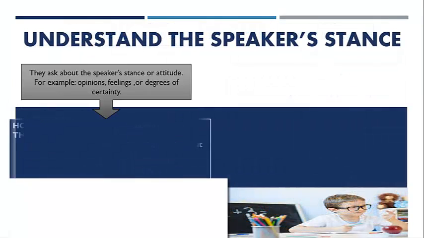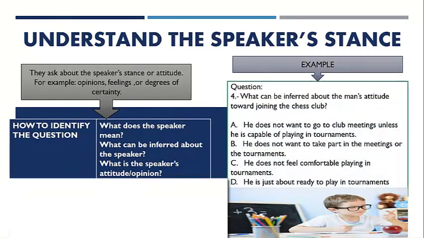Understand the speaker's stance. They ask about the speaker's stance or attitude, for example, opinions, feelings, or degrees of certainty. You will have to infer the speaker's attitude from tone of voice, choice of words, and the context of the conversations or lectures.